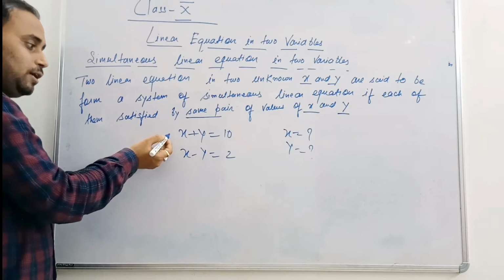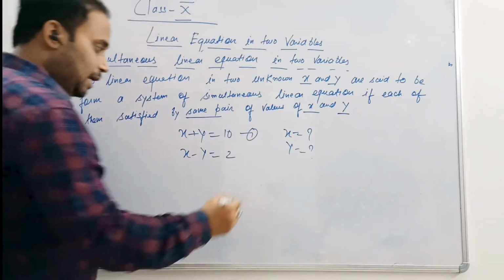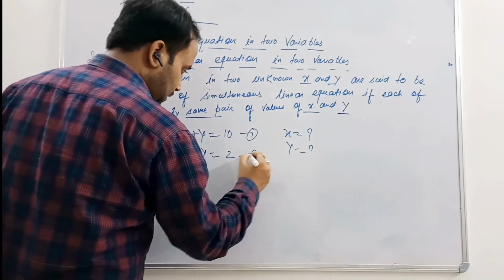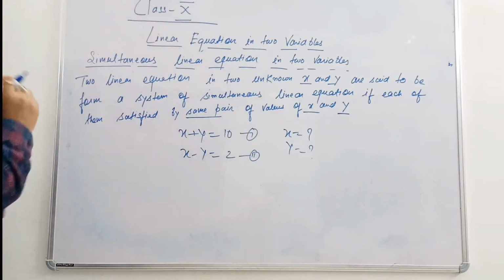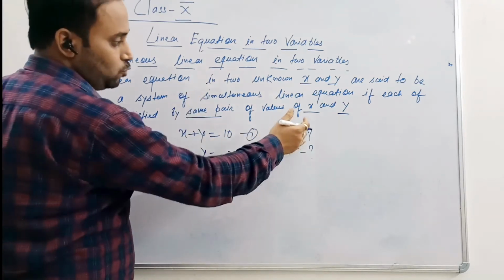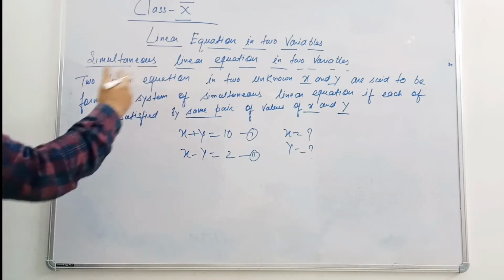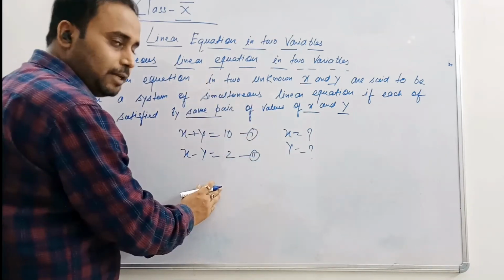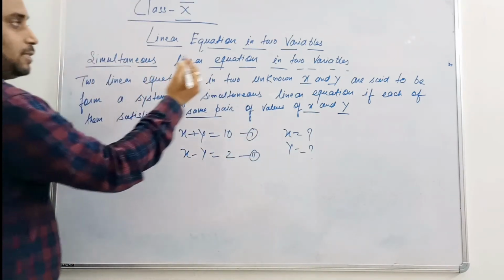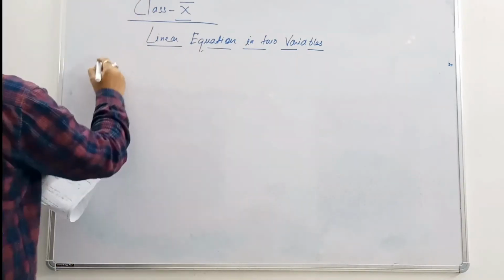If we substitute in the first equation, it satisfies, and if we substitute in the second equation, it satisfies. So simultaneous means if a pair of equations is solved, the values we get satisfy both equations. This type of system of equations is known as a simultaneous linear equation. I hope this is clear to you.